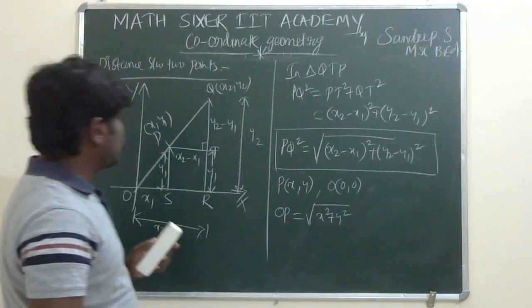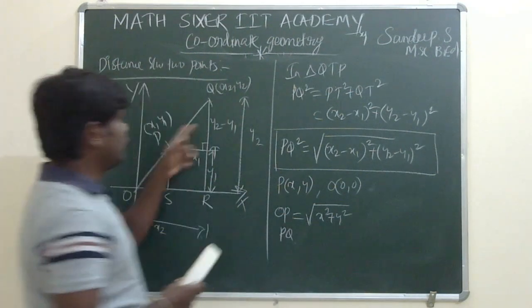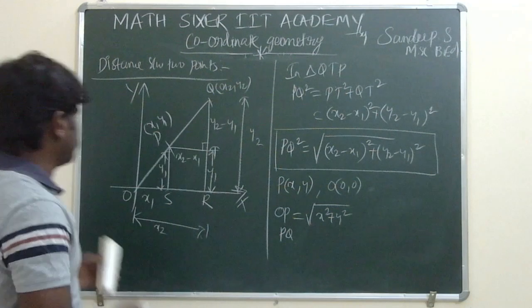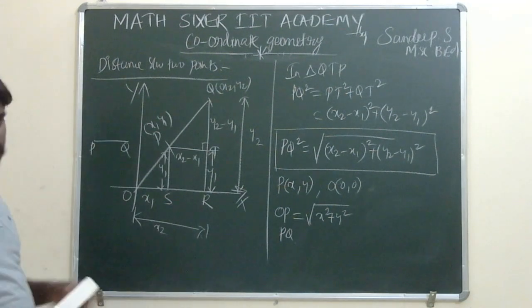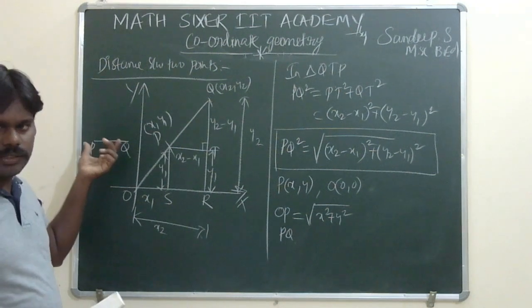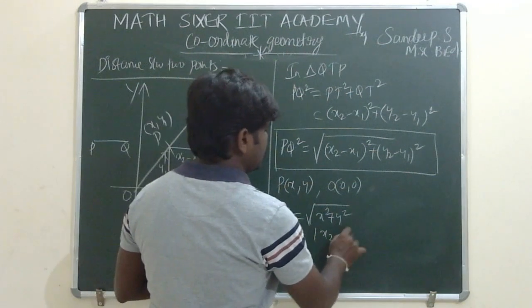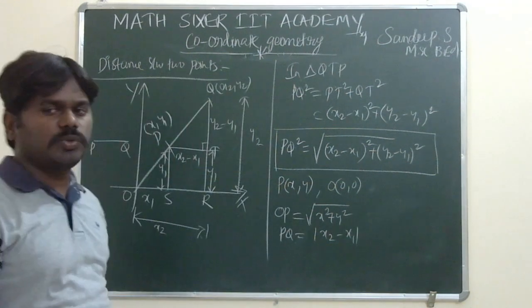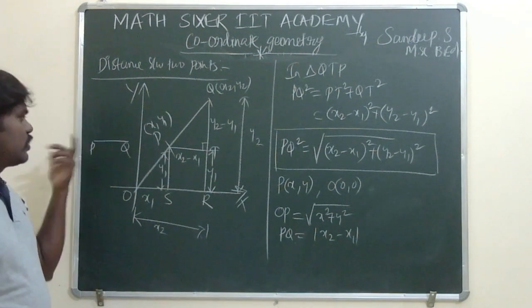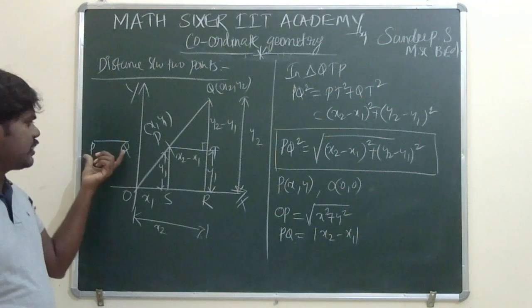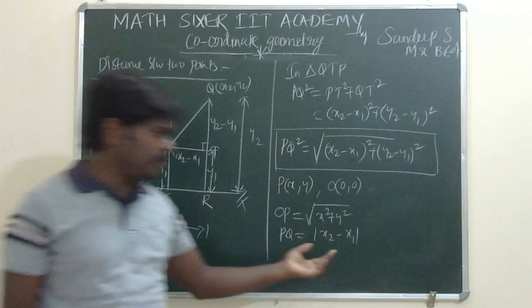Okay. Now suppose our points P and Q lie on a line parallel to the x-axis. Then the distance between the 2 points is modulus of x2 minus x1, because their y coordinates are the same. So the distance is nothing but x2 minus x1 or x1 minus x2; that is why we have used the modulus symbol.